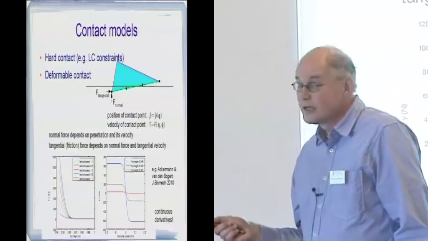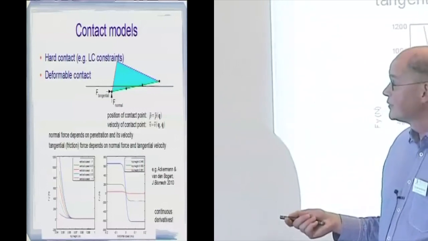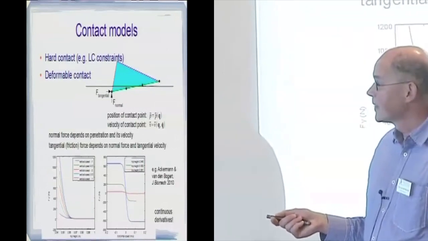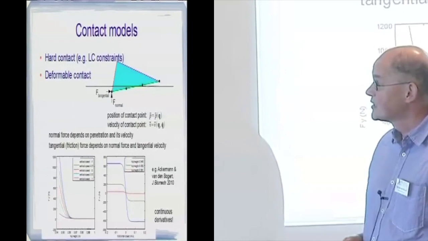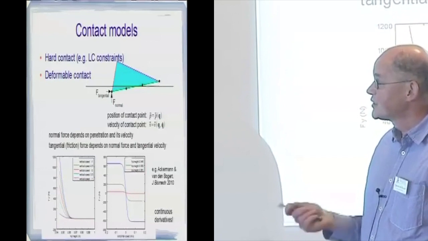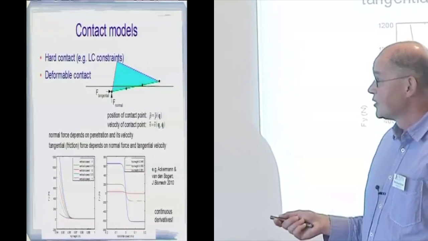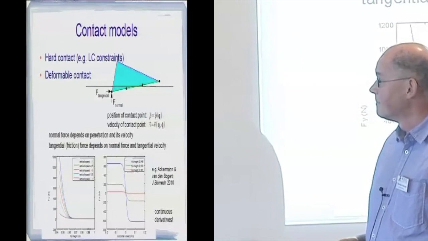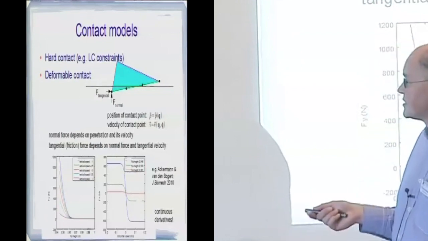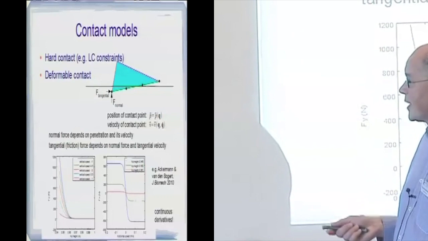And then you make an elastic model for the normal force. And it can be viscoelastic, so it depends on the penetration and the velocity of penetration. And then a frictional force that depends on the normal force and the tangential velocity. And I won't go into details, but the equations that I'm using are described in this paper.